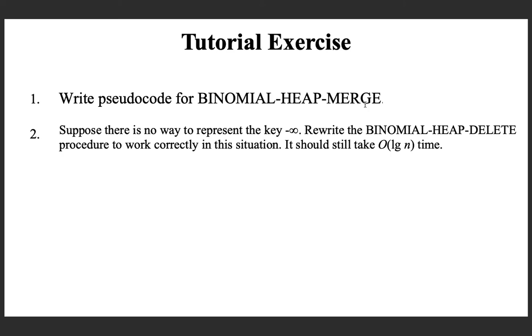Okay, and the second exercise is a problem related to what we discussed today. We have seen a procedure to remove an arbitrary node, and what we did is we have decreased the key to the least possible value, that is negative infinity.